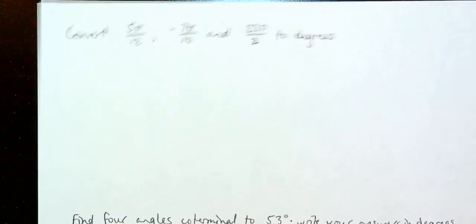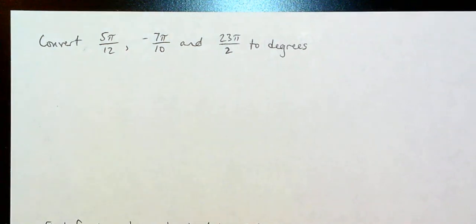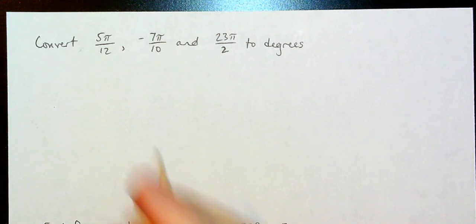Let's get some practice converting from radians. So we're given things that contain pi, and we're going to change it to something that does not have pi in it. So first up is 5 pi over 12.